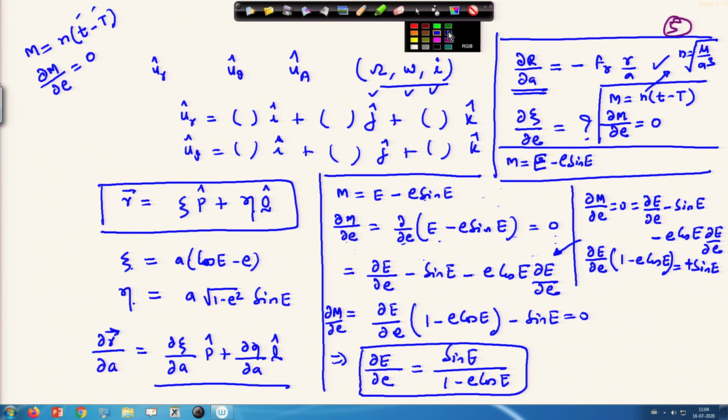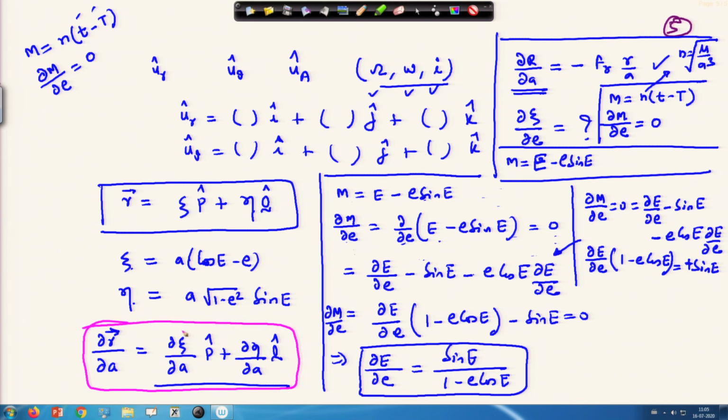Now we have to work with this equation. We have to find out what ∂ξ/∂a and ∂η/∂a will be.